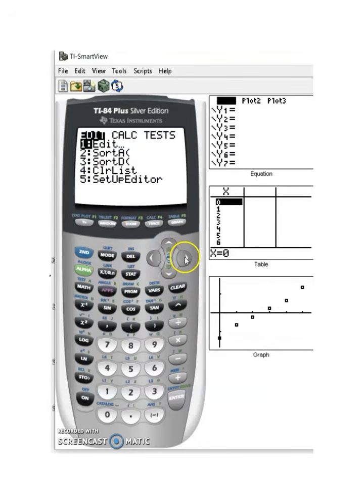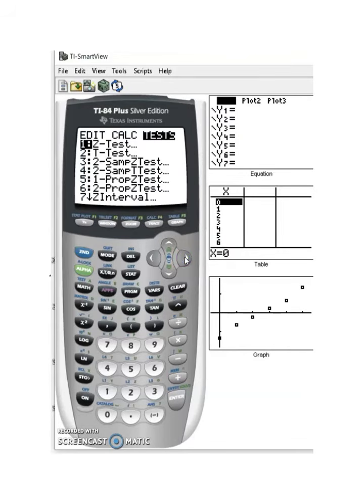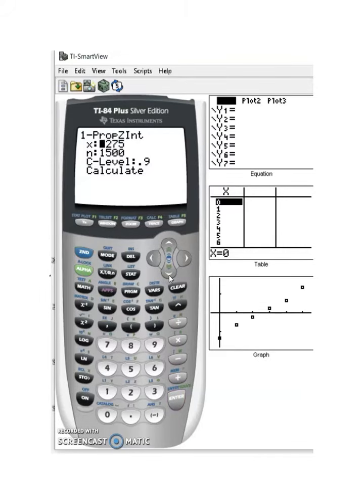Again, go to Stat, Tests, and go down to A, 1 prop Z int. Good, and press enter. So right here, x. We know that x is 785 times 0.183.